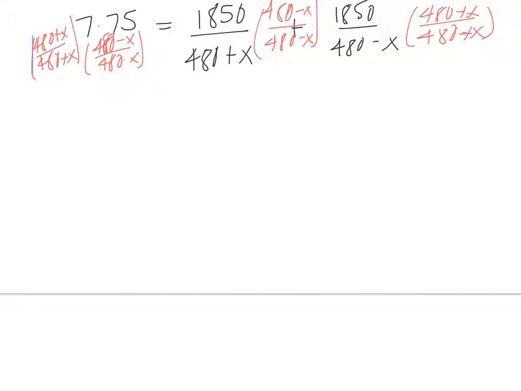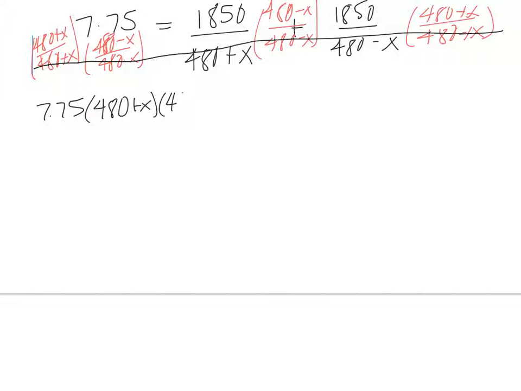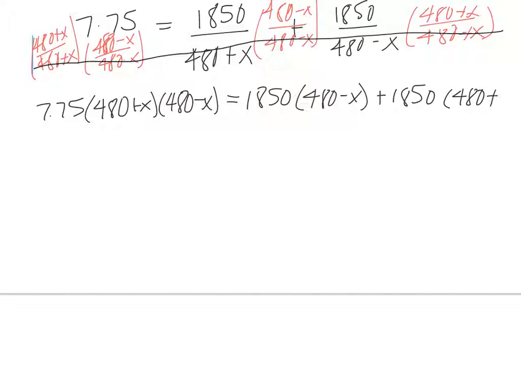Now with that being said, all the denominators should be the same, so I can cancel out all the denominators. So when I rewrite this first one, that would be 7.75 times 480 plus x times 480 minus x equal to 1,850 times 480 minus x plus 1,850 times 480 plus x.